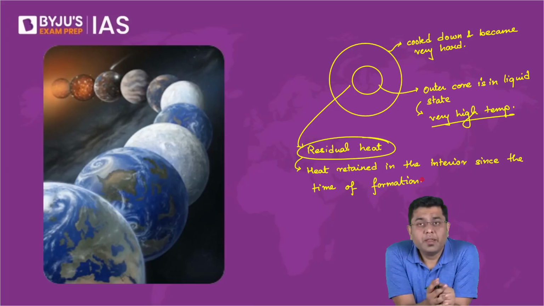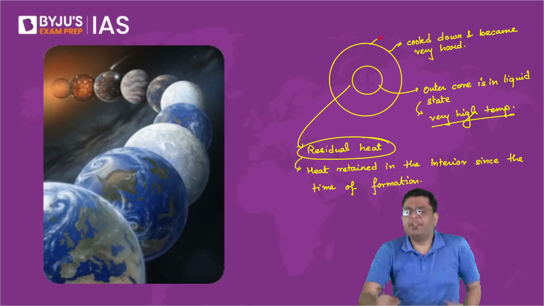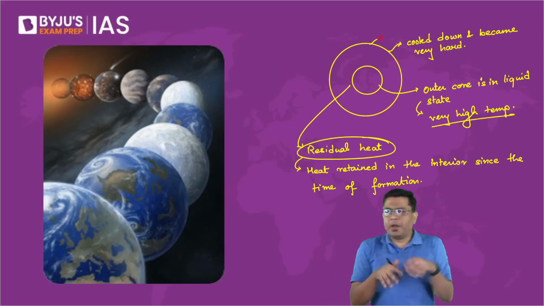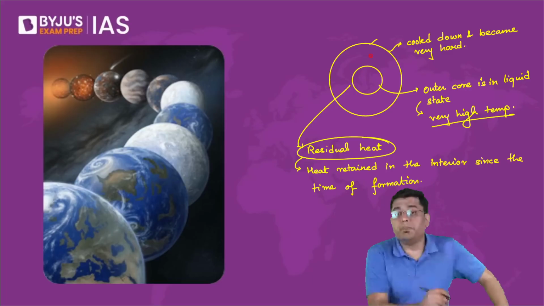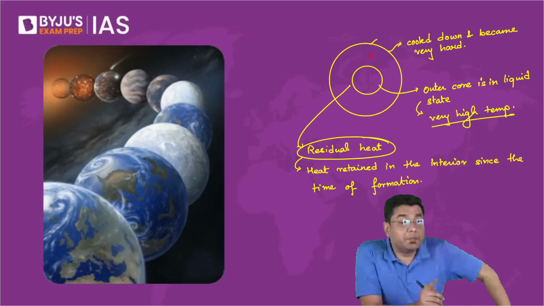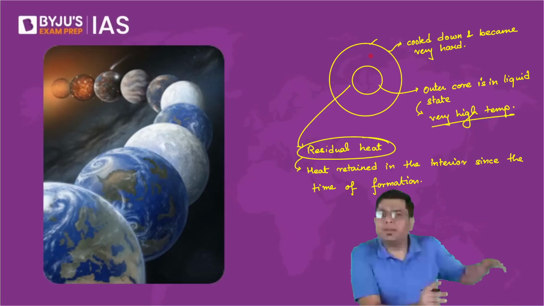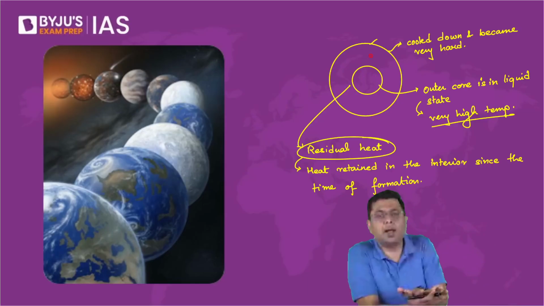Okay. So this residual heat is still considered to be a key source of all the various forces that the planet experiences, which come from the inside, what we will study as endogenic forces eventually. So all those forces are driven by this residual heat. Now, while the outer surface is very hard, very brittle, can break easily, as you start going into the depth, that is in the region of the mantle, beyond a certain depth, materials are still solid, but they are very dense in a compressed state.